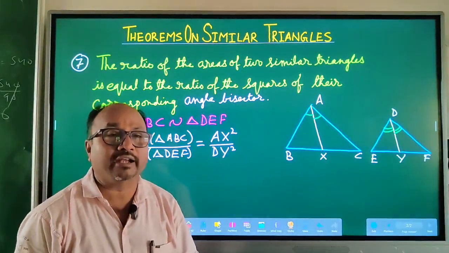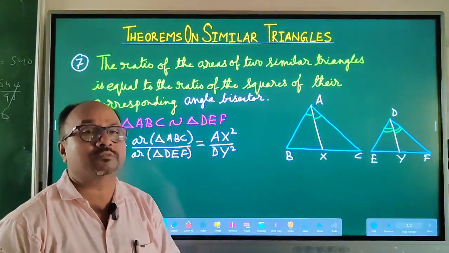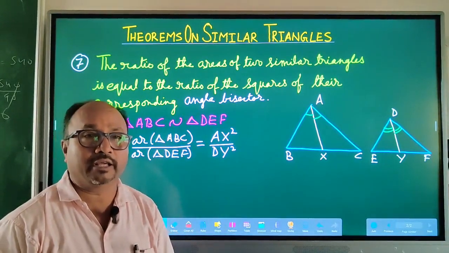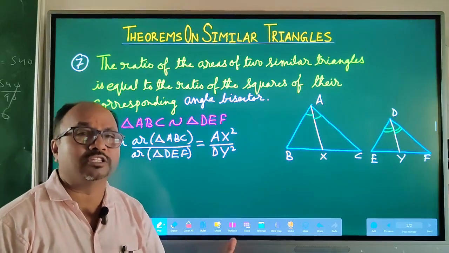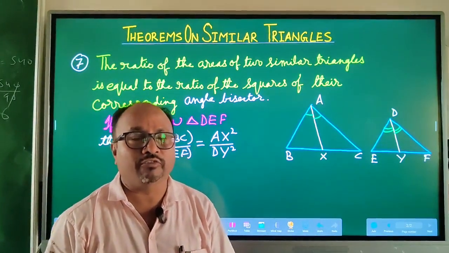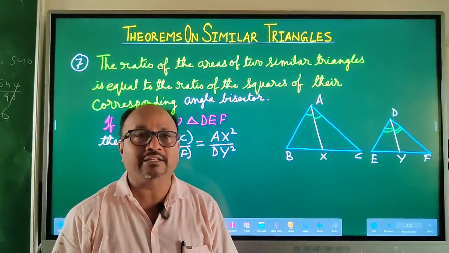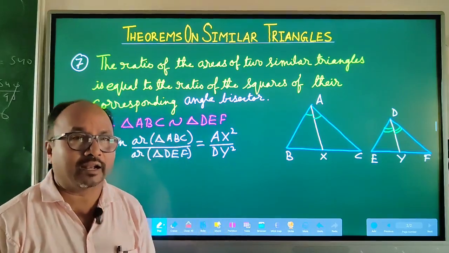Because if you write a fraction, the last mark, which is the accuracy answer mark, you will not get. Hope all these theorems you have understood from what I have explained. Make use of them, apply them in the sums and get them correctly done.